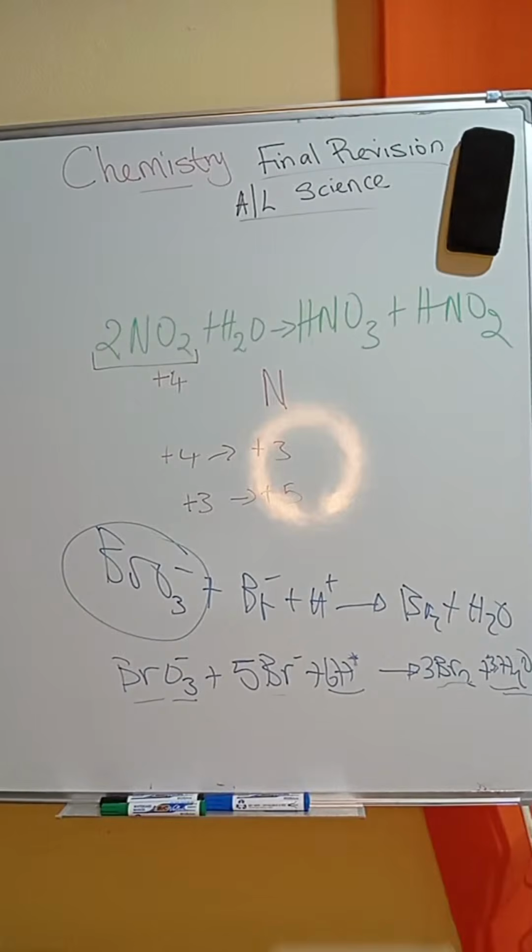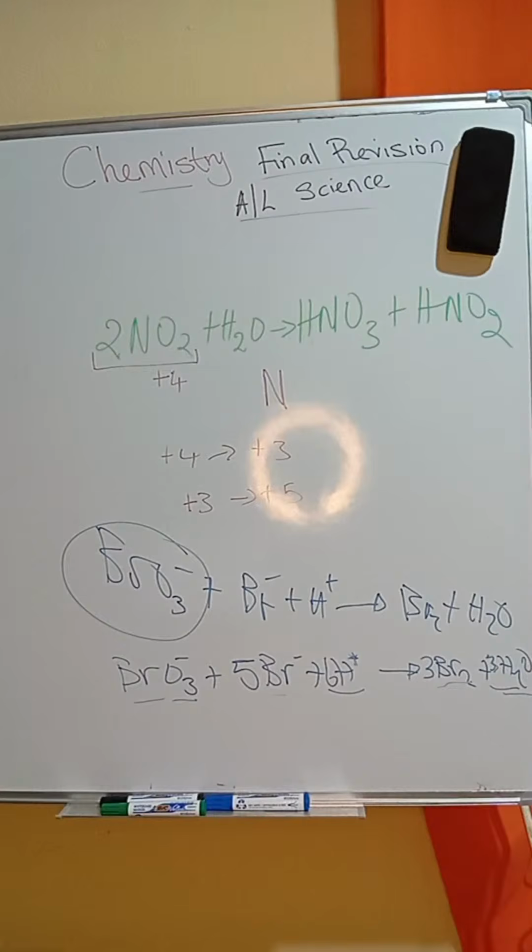It varies what? Down the group. That is down group 1 and group 2 elements, due to what? Due to added shells. And between group 1 and group 2 elements, group 1 atoms are very large because they have fewer protons pulling electrons inward as compared to group 2 elements.